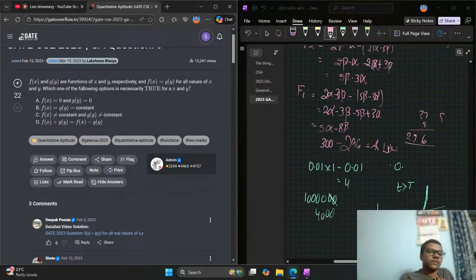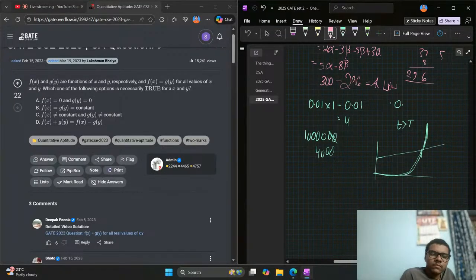F of x and g of y are functions of x and y respectively. F of x is equal to g of y for all values of x and y. Okay, let's see.